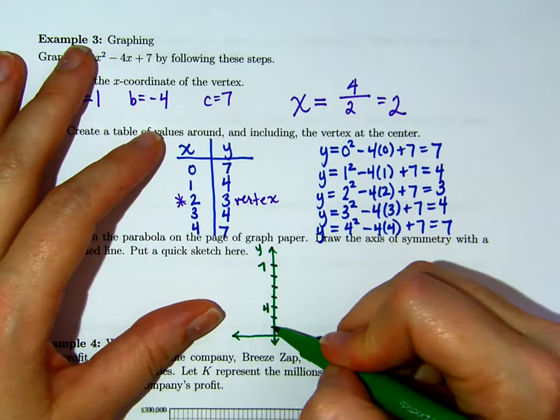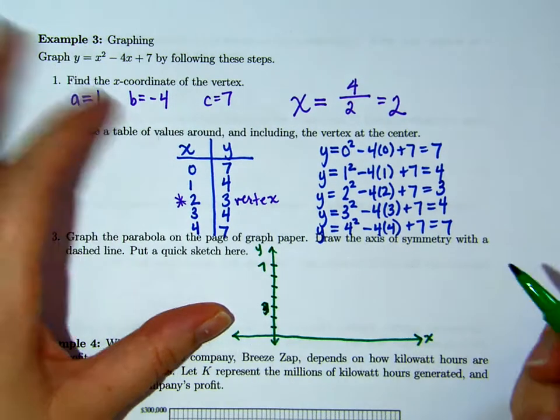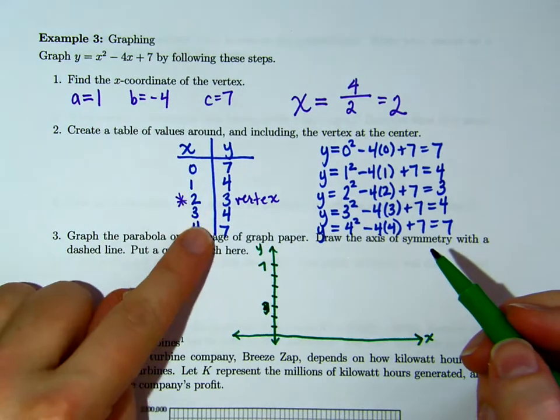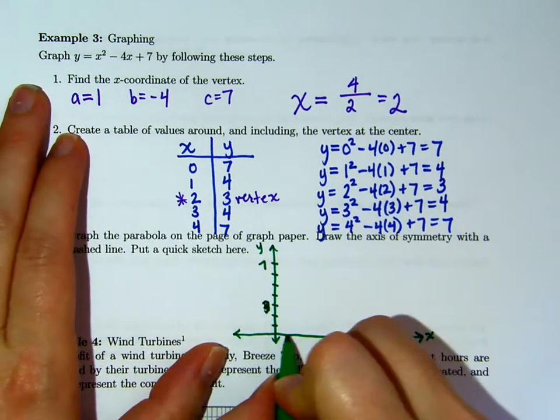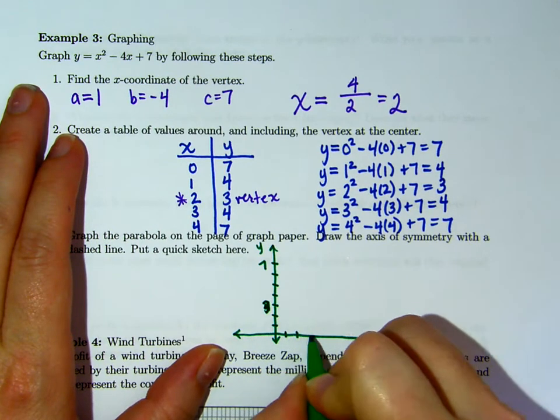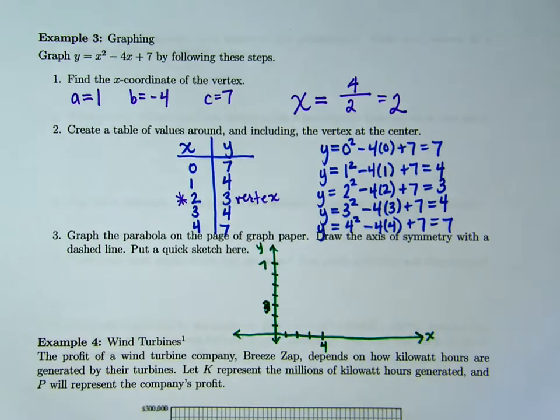Okay. That is actually 3. Okay. And so my y's went up to 7 and my x's need to go to 4. 1, 2, 3, 4. Okay, so I got a little out of hand here, but okay, fine.